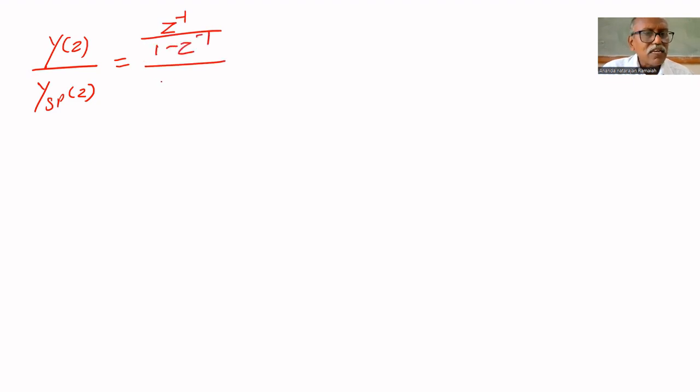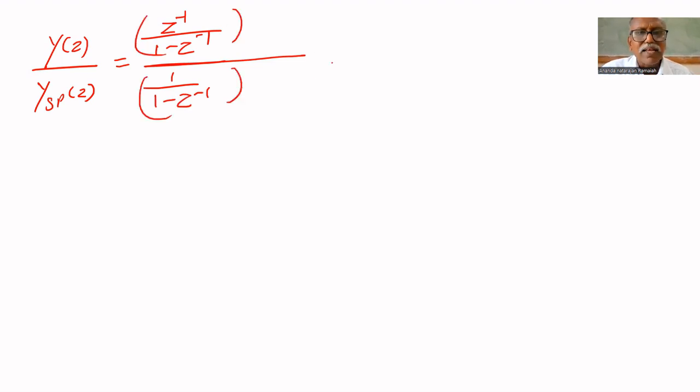Therefore, y of z by y set point of z equals z power minus 1: we expect a step output delayed by one sampling period, for a step input of 1 by 1 minus z power minus 1.